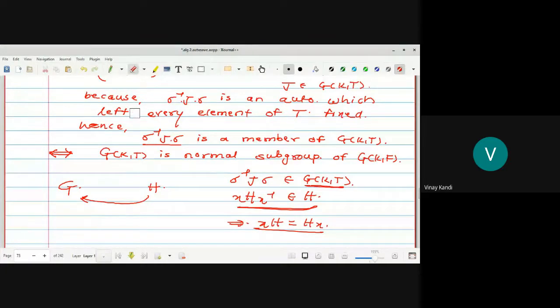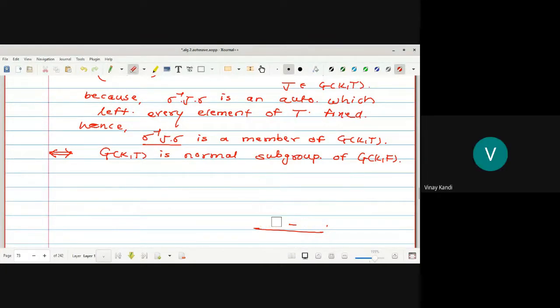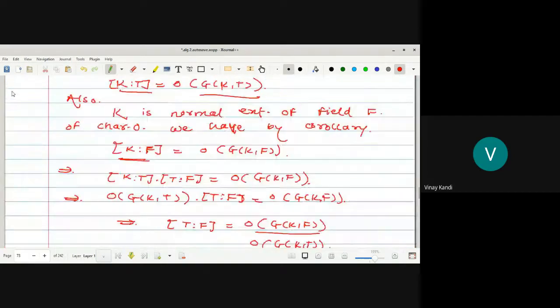In step 3 we proved the necessary and sufficient conditions, since implies and implied steps are there. Now, step number 4, we have to prove that G(T/F) is isomorphic to G(K/F) upon G(K/T). What is this last statement?